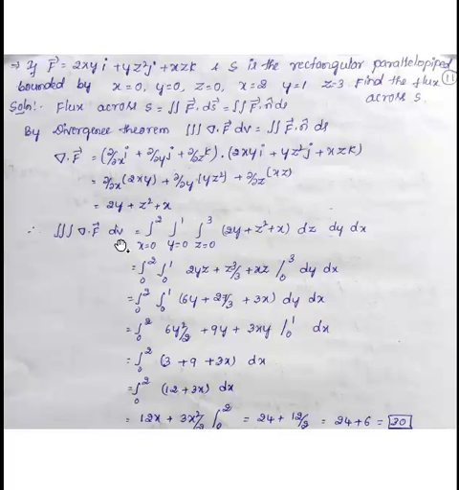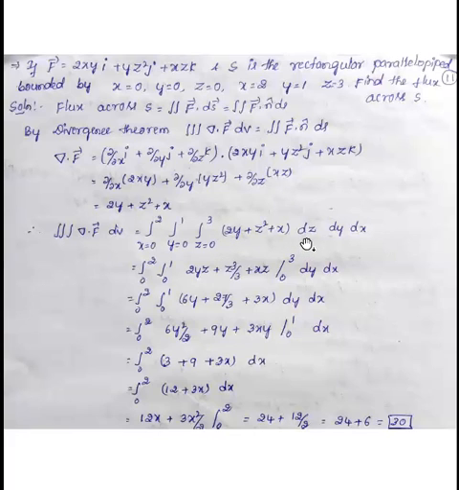Here the triple integral of del dot F into dV is equal to, substituting del dot F, with the derivatives in the order dz dy dx. The outer limit x varies from 0 to 2, y varies from 0 to 1, and the inner limit z varies from 0 to 3.